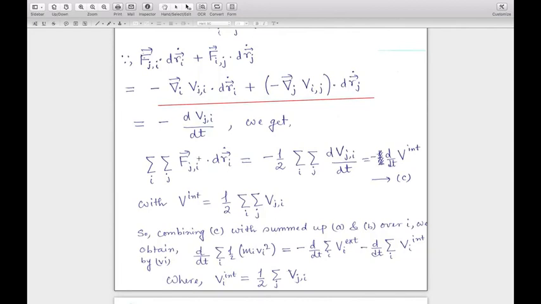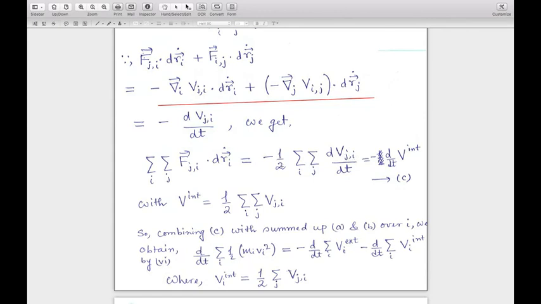Then if you take the double sum over these quantities, finally you will be left with this expression, minus half summation over i and j d/dt of Vji.